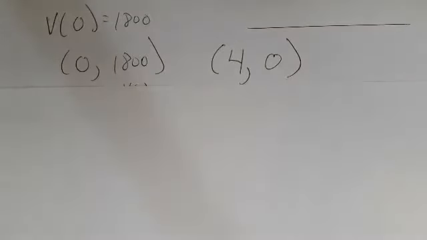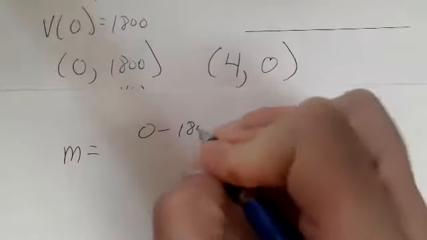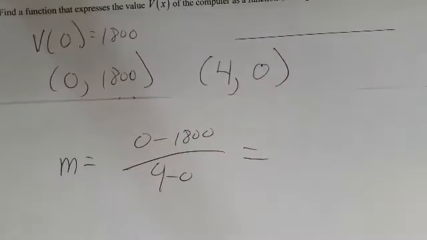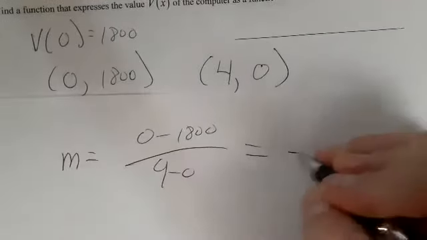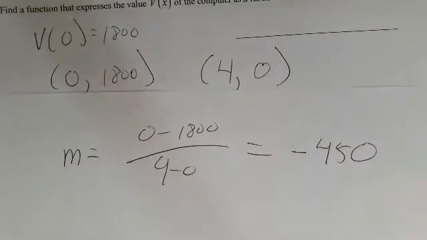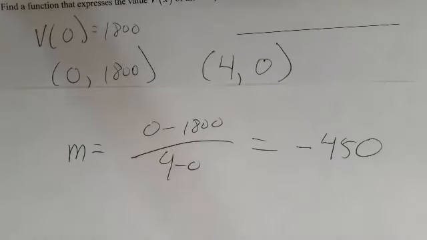We have 2 points. If I have 2 points, the first thing I need to find is the slope. So I'm doing 0 minus 1,800 over 4 minus 0. I'm probably going to use a calculator for that, but you can probably do it by hand. Minus 450 is what this is going to give me. This top is going to be negative, this bottom is going to be positive 4. So my slope is minus 450.